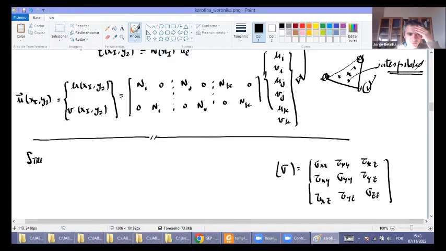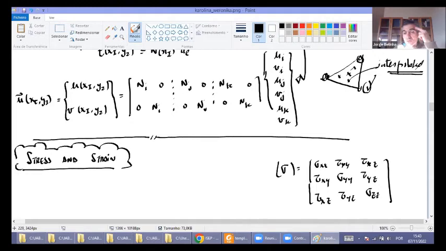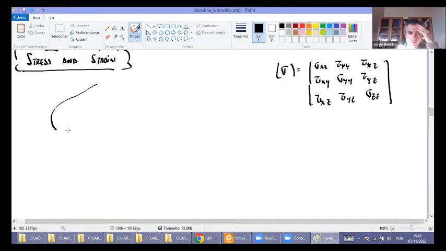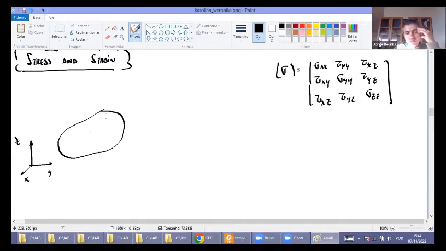Let's see now the stress and strain. It is important to understand stress and strain, or else you will not understand finite element methods, for what we are using them, solid mechanics. When you have a body, any kind of body, you have here, for example, the X, Y, and Z. This body is submitted to several loads, isn't it?